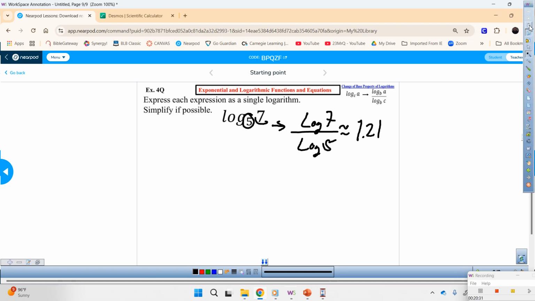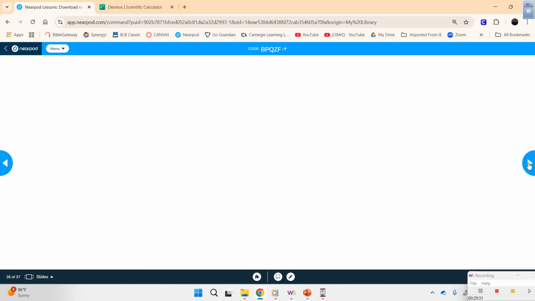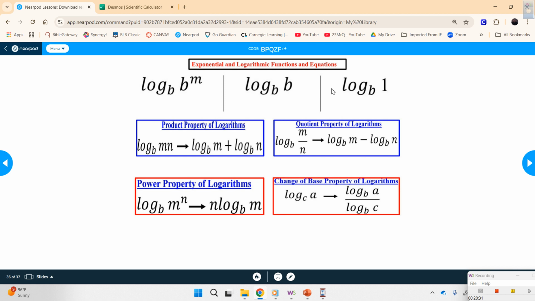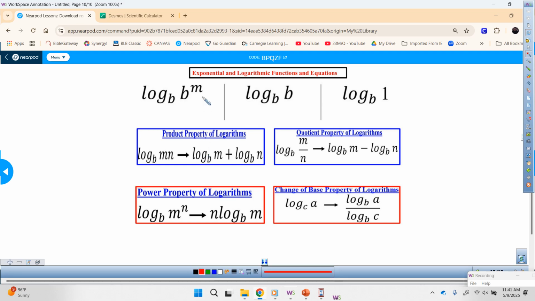So, that brings us to the end of properties for logs. Now check this out. This is all we covered on the log properties. Just to recap, if we have a log with a particular base and the base is the same as the given number, the answer is the exponent on that given number. So the answer for this is n.